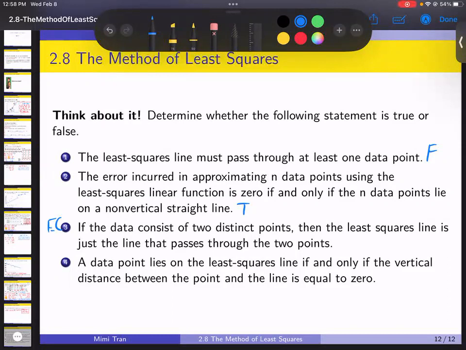It's the opposite of number 2? Not opposite, but it's the same thing as number 2. True, right? Number 2 says if all the data points lie on the line, then the error is 0. Same thing. So true.